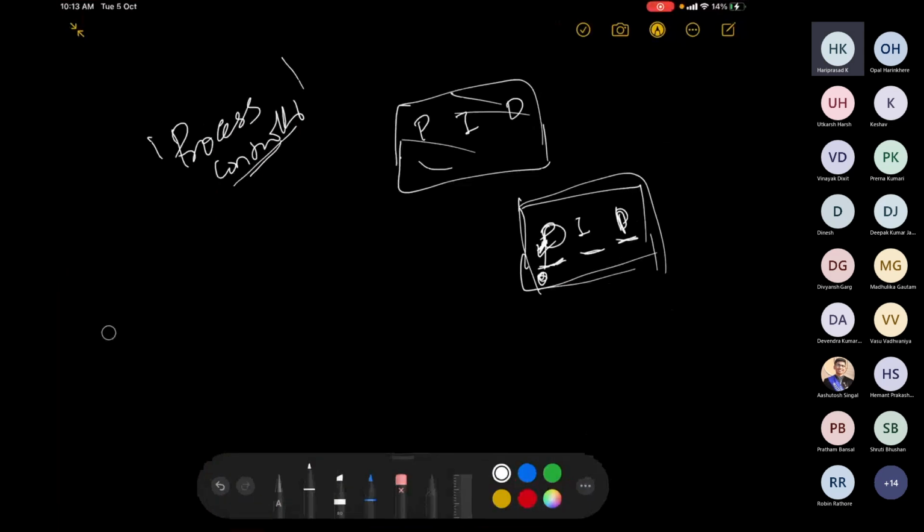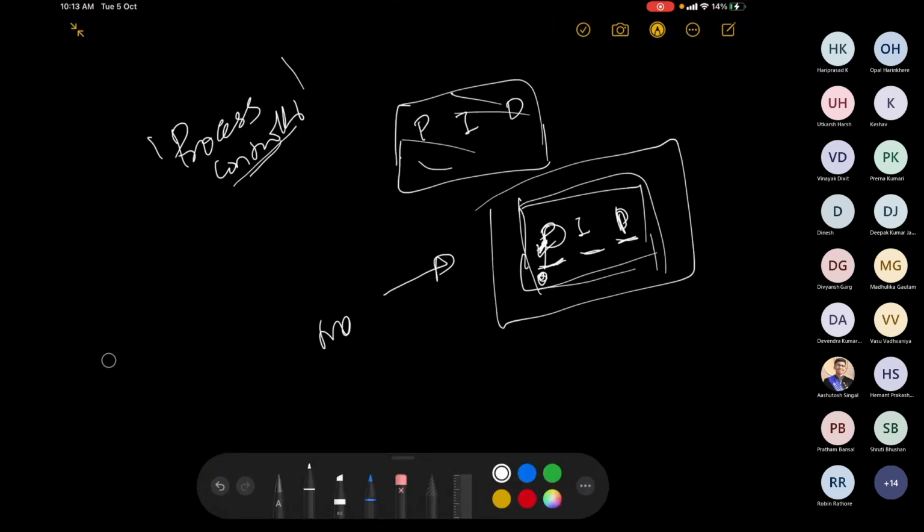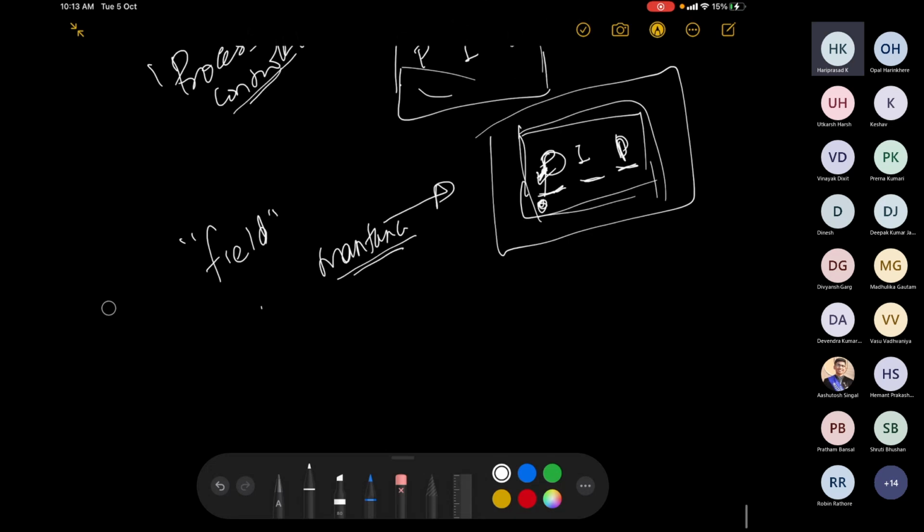Okay. So this is fine, but the problem here is maintenance, a lot. Why? Any question? Somebody? Okay. So why? Because first of all, this is placed in the field, and it would be susceptible to high temperature, pressure, whatever.